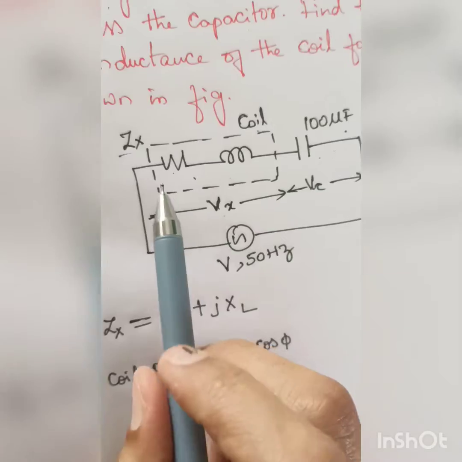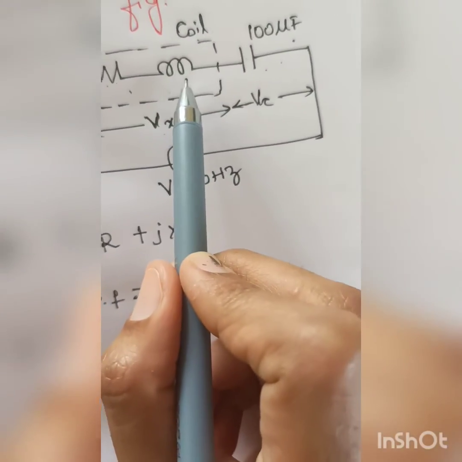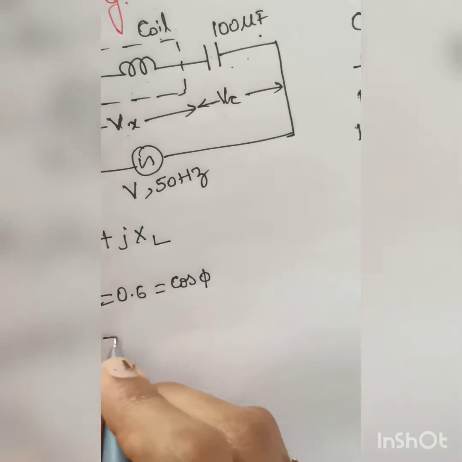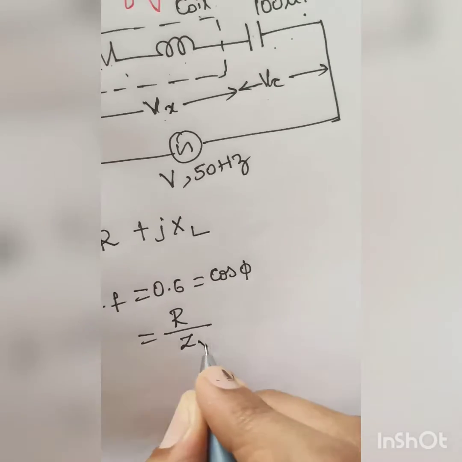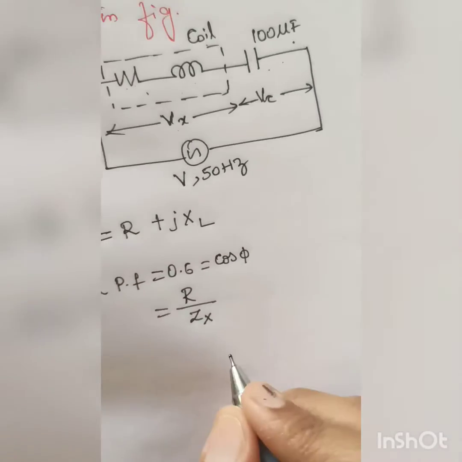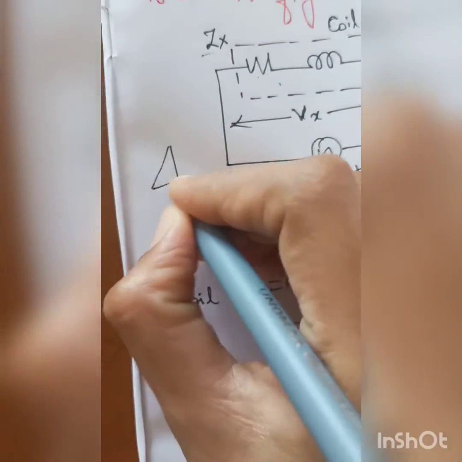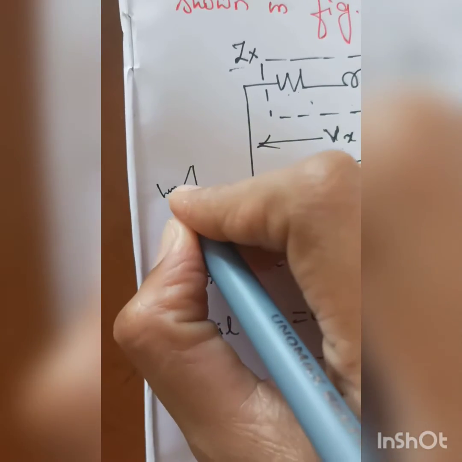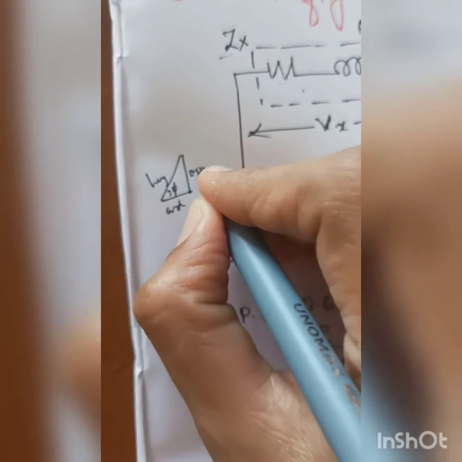We already discussed that for the resistor and the coil, cos phi can be written as R divided by Zx. Zx, you all know, is the right angle triangle, where phi will be there, and this is the hypotenuse, this is the adjacent, and this will be the opposite one.